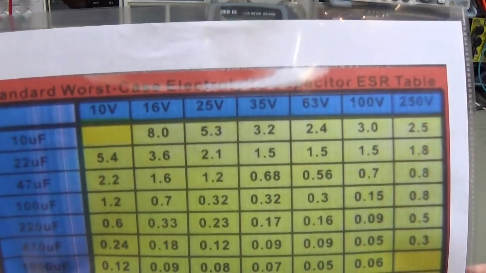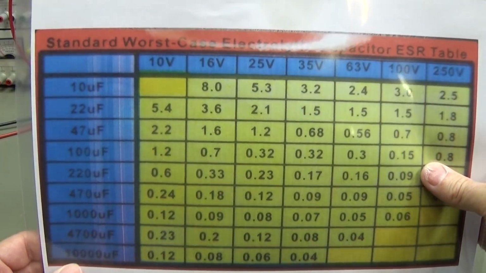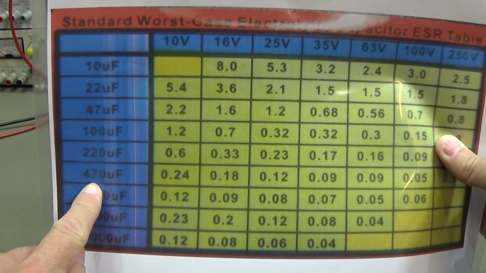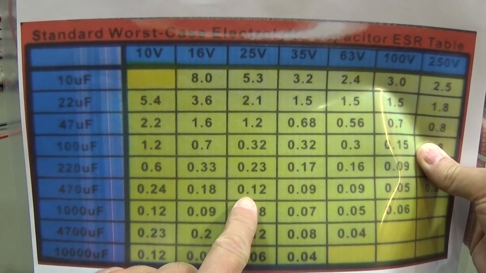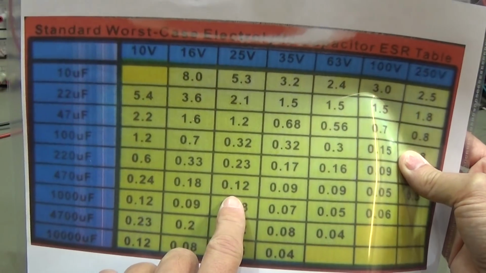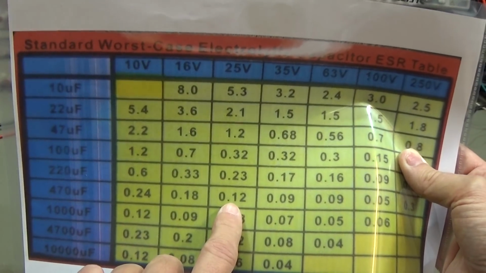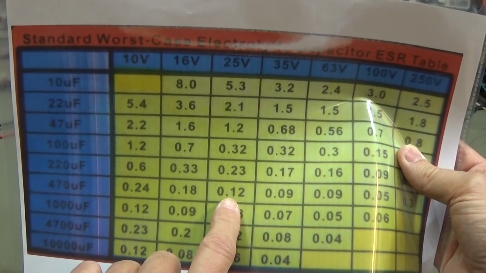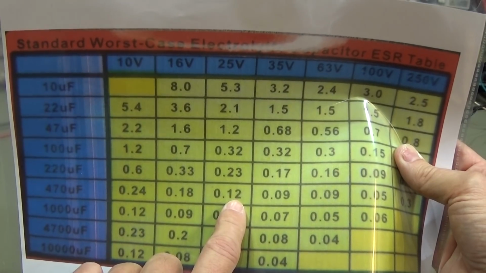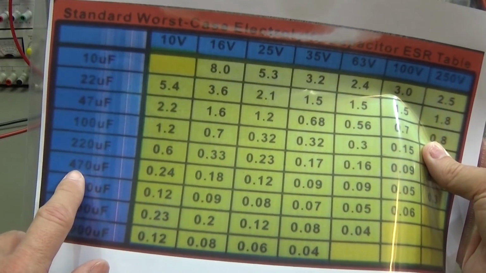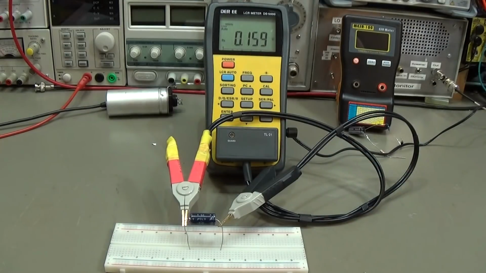So let's take here our universal table, and 470 microfarad 25 volt should be, oh, it is not in spec, but anyways our table is telling us 0.12 is the maximum what a 470 microfarad with 25 volt should show.